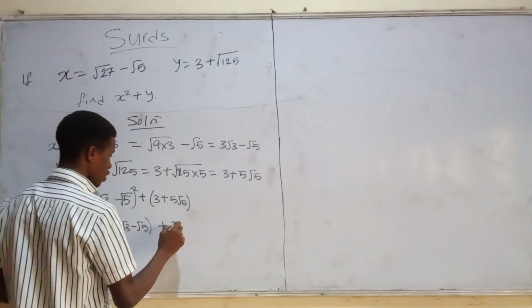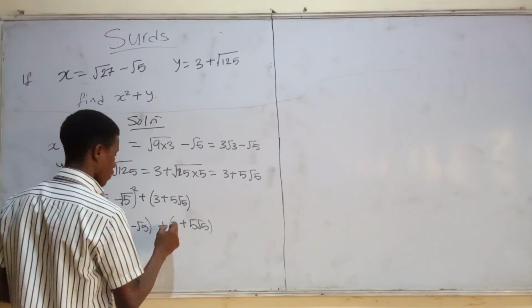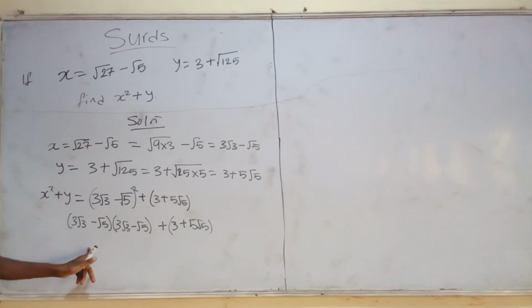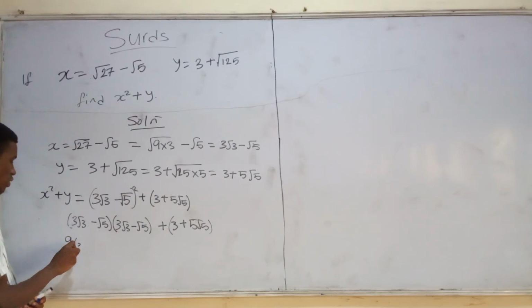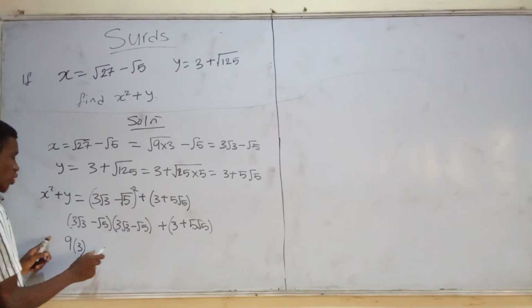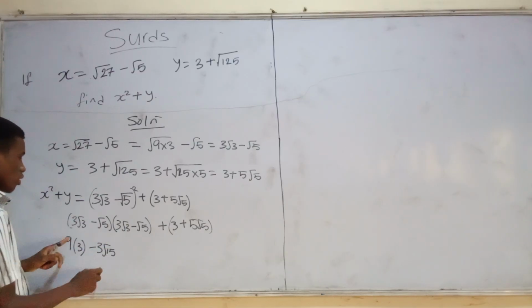Then plus 3 plus 5 root 5. So you have to expand this guy just the same way we did multiplication in surds. So this times this will give us what? 9 times 3, right? This times this will give us what? Minus 3 root 15. So we are done with this one.